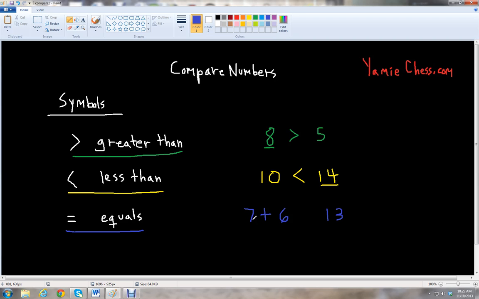Well, if we add 7 plus 6, we get 13. So we know that 7 plus 6 must equal 13. So these two values, the 7 plus 6 and the 13, are the same value. So we're going to use the equals symbol.